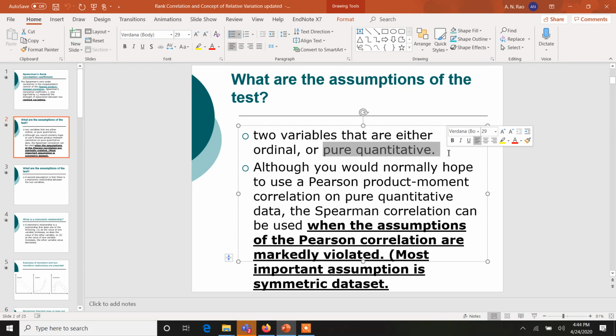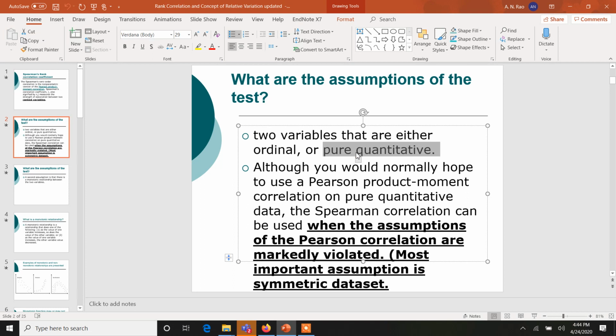Actually, the answer is simple. It's not that technical. The answer is, even if we have pure quantitative data and some of the assumptions of the ordinary correlation coefficient are not met, then we can apply the rank correlation coefficient on that type of data as well, right?